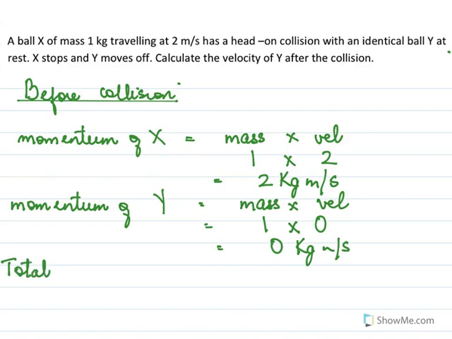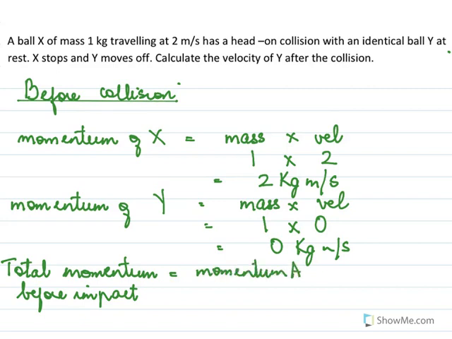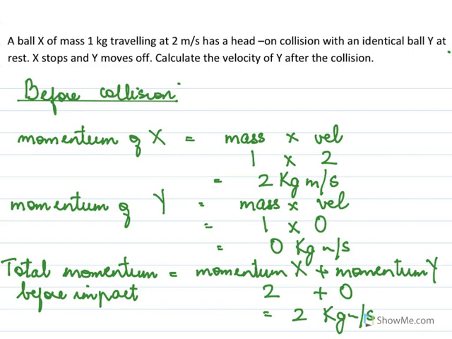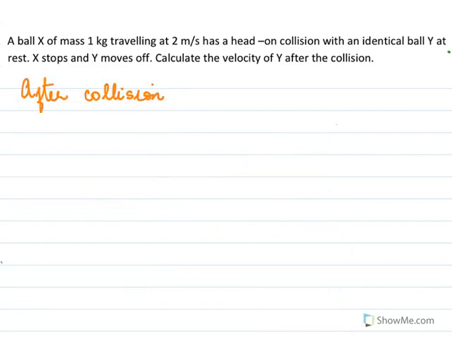So total momentum before impact will be momentum of A, or that is X, not A, plus momentum of B, or Y, that is 2 plus 0, 2 kg meter per second. Now for momentum after the collision. So first we will calculate momentum of X after collision, that is mass into velocity.